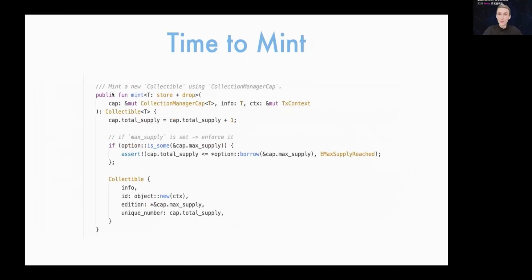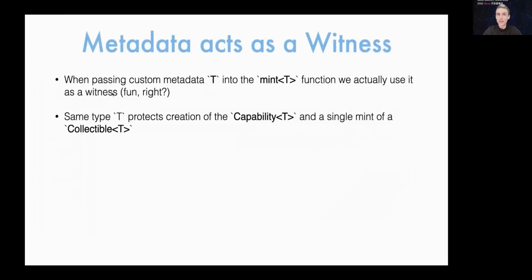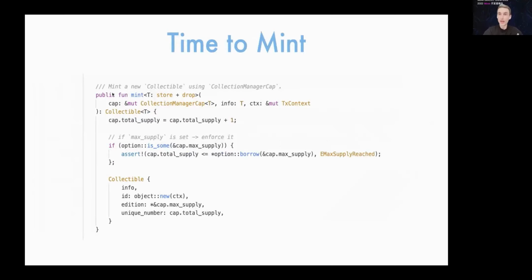So when we mint something, we need to supply the metadata. We need to have the info field inside. And also, we need to pass a collection manager cap and a witness, actually. This acts as a witness, and a collection manager cap acts as a capability.